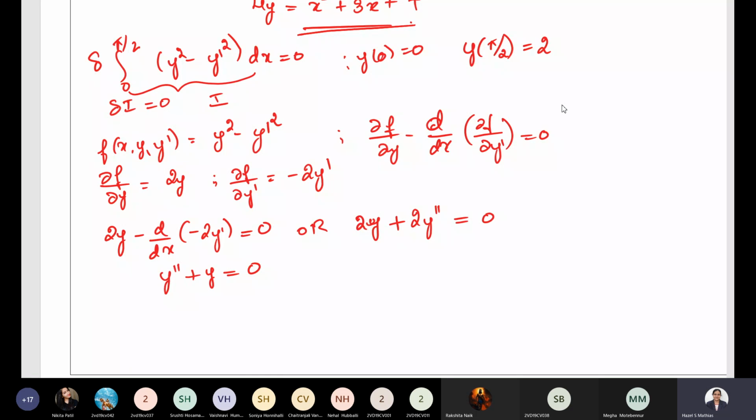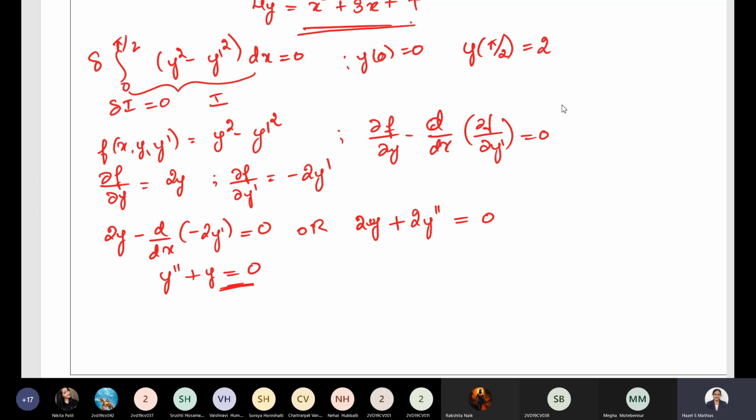Okay. Now how to solve this? We have obtained a higher order homogeneous differential equation.